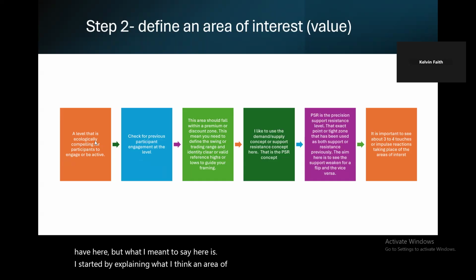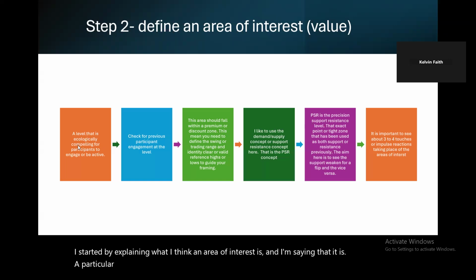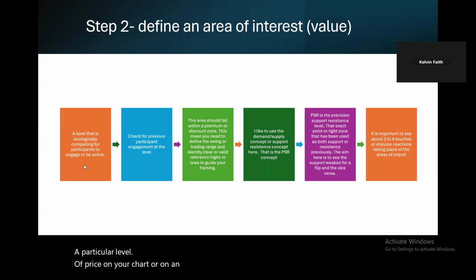It is a particular level of price on your chart or on an asset that is psychologically compelling for participants to engage or be active in the market. So any area that most people will be interested to jump into the market can be an area of interest.